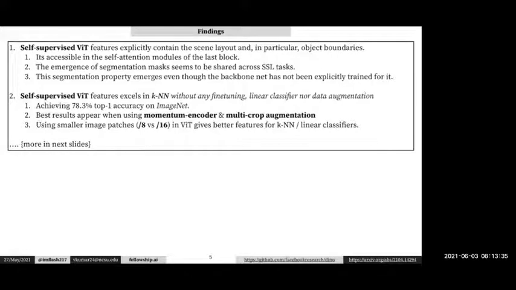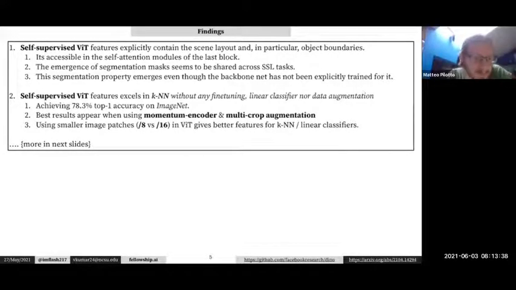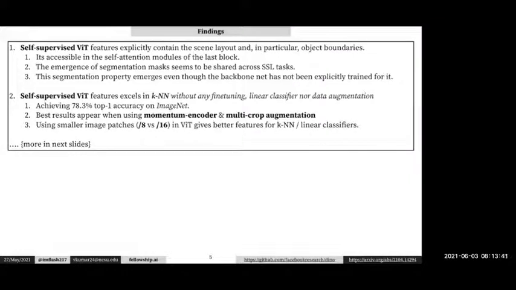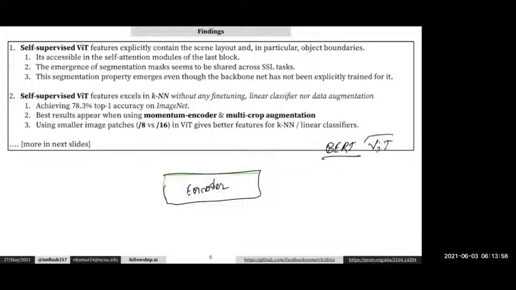Okay. Yeah. So if you're aware of how BERT works, you have an encoder architecture, right? I'm trying to draw the similarity between BERT and what ViT does, and then how ViT is adapted to DINO. You have different words in your sentence, right? Let's say "I am a bike rider."